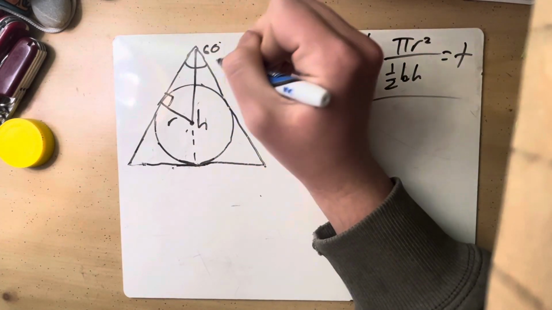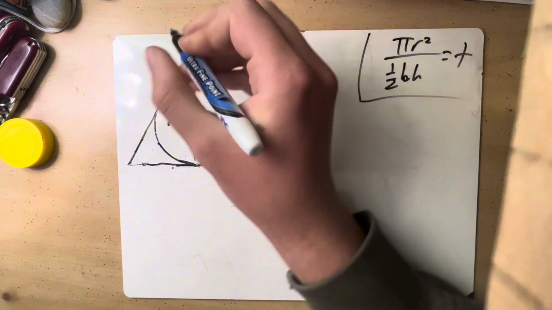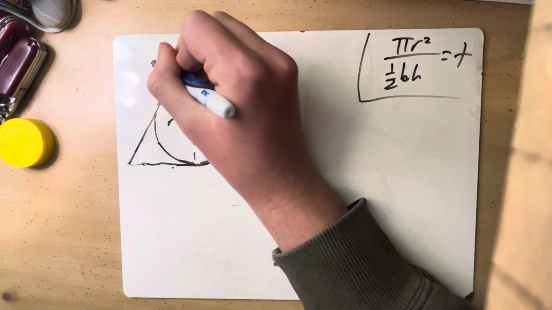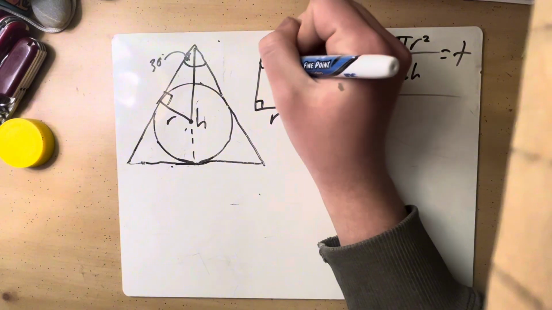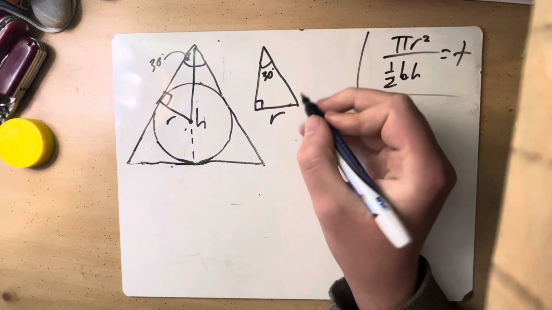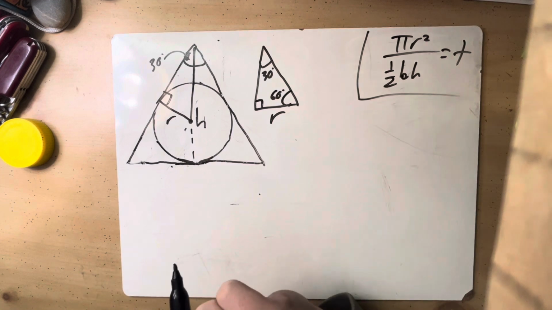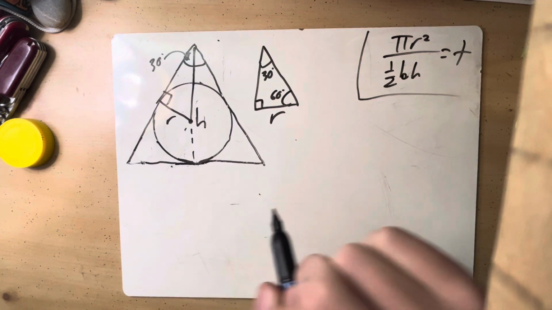This means that this whole 60 degrees got split in half by this line. So that means this angle right here is 30 degrees. And that's inside a right triangle, so let's draw that right there. And that means this last angle is 60 degrees, because they all have to add up to be 180. Now this is a 30, 60, 90 triangle.